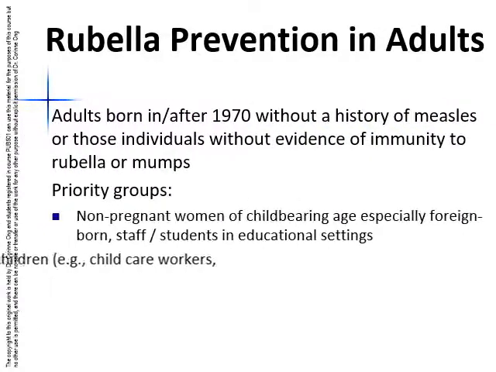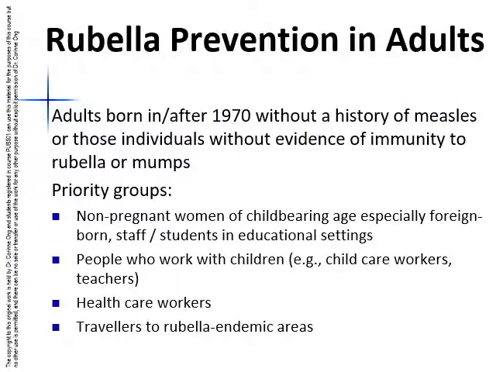The rubella vaccine is recommended for adults born in or after 1970 without a history of measles, and those individuals without evidence of immunity to rubella or mumps. Priority groups include non-pregnant women of childbearing age, especially those who are foreign-born, students and staff in educational settings, people who work with children, for example, child care workers and teachers, healthcare workers, and travelers to rubella endemic areas.